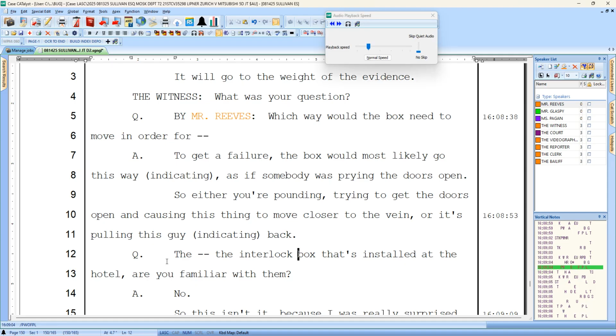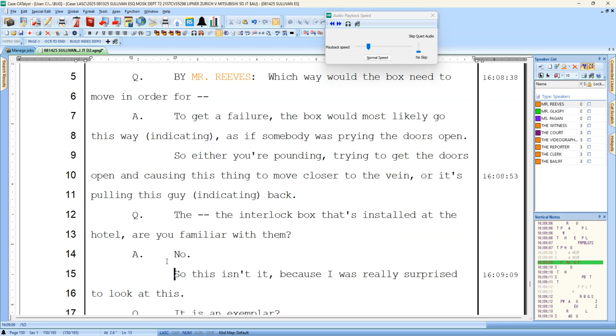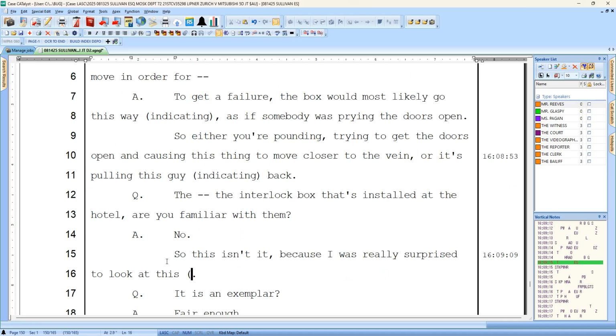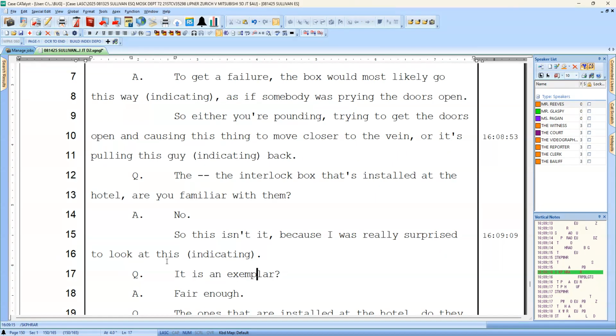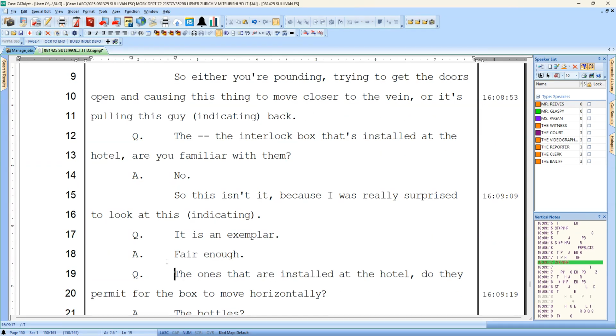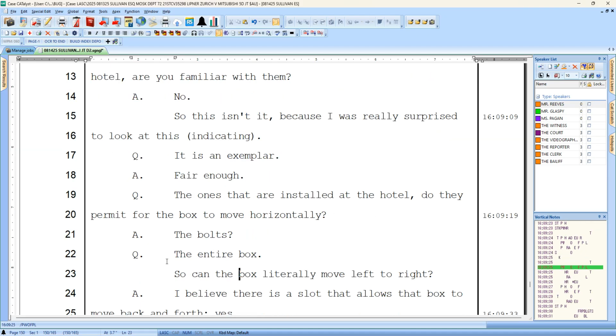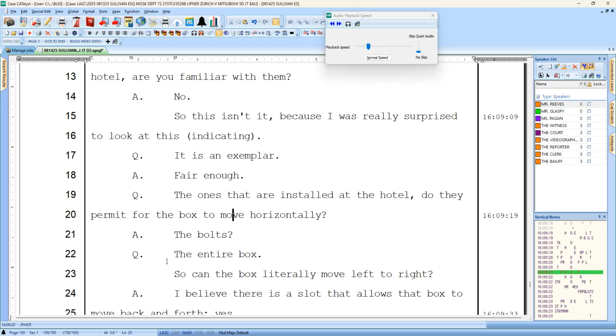The interlock box that's installed at the hotel, are you familiar with them? No. The bolts?